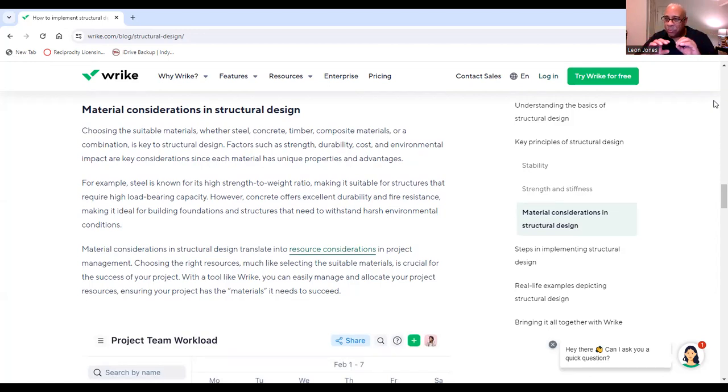And when you choose something, you're actually making a decision. So when it comes to any construction project, whether it's structural or highway, you've got to choose the right resources. Much like selecting the suitable materials, it's crucial for the success of your project.